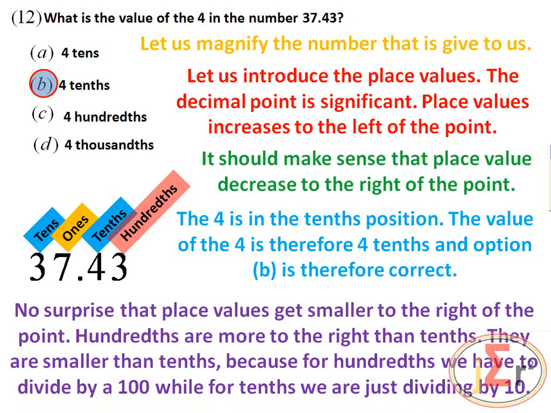Hundredths are more to the right than tenths. They are smaller than tenths because for hundredths we have to divide by 100, while for tenths we are just dividing by 10. Do not forget that we have discussed before that the larger the number that you are dividing by, the smaller the result.